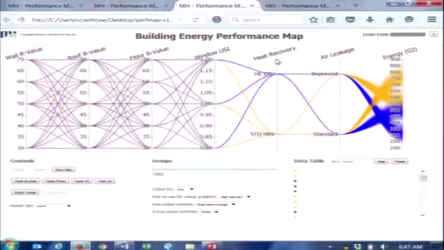And so depending on the technology, some technologies can operate much colder than others, thereby recovering more heat and saving lots of energy. And we can see here that I've color-coded this outcome, which is energy use, by heat recovery technology. And the high-efficiency technology, of course, had a cost premium to it, but you can see it's blue.